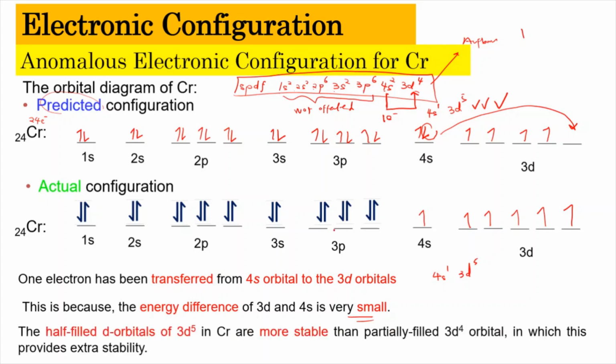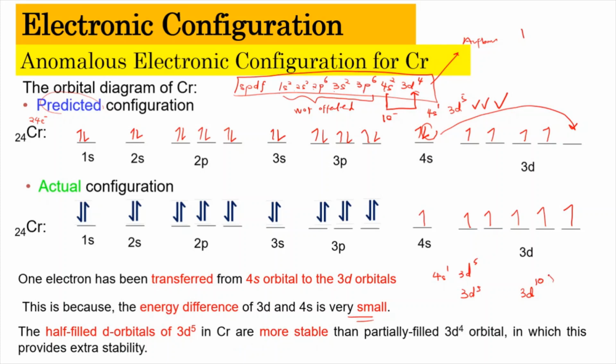For a full-filled orbital, you know that for a complete set of electrons in 3d, we have 3d10. So this is the complete one. And the reason why we transfer it to here is because the half-filled 3d orbital of 3d5 is more stable than the partially filled 3d4 orbital, which provides extra stability.